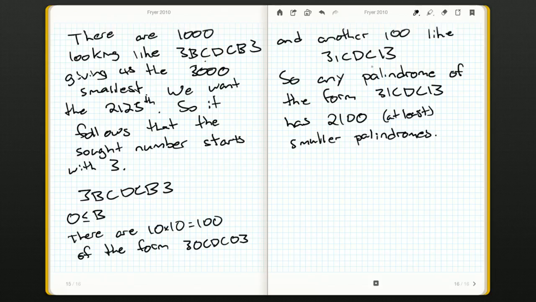Right? Just explaining it a bit more. Here's a group of 100. Here's another group of 100. So anything of this form has to be bigger than this group and the couple thousands we saw before it.